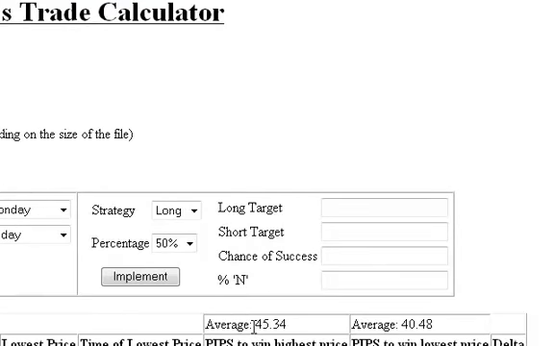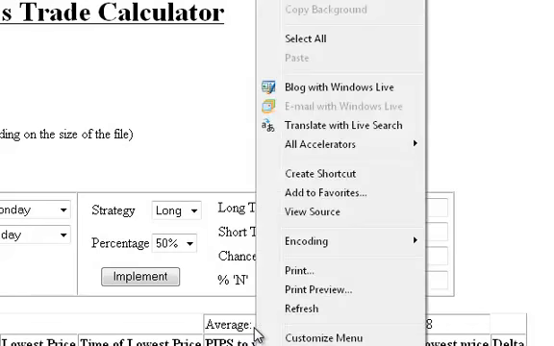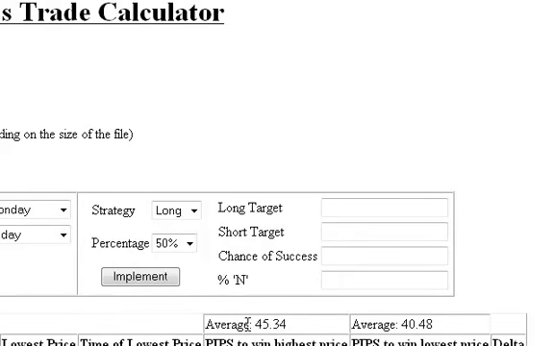You can see here that the average is 45 for a long and 40 for a short. So if we take, let's say, 30% of that number, it tells us that we are going to have an 82% chance of success by entering this long trade of 13. A short trade gives us about a 72% chance.